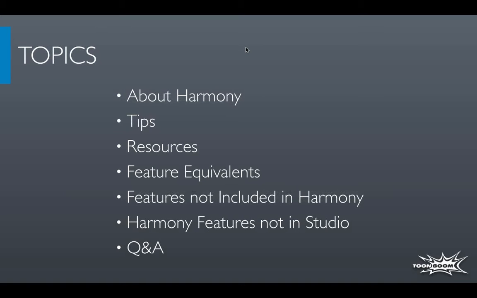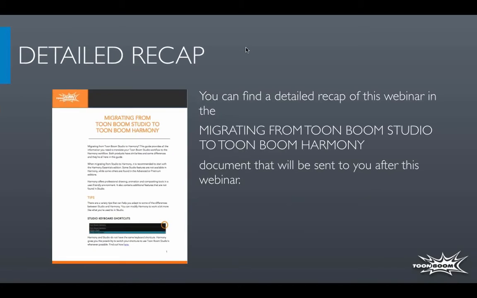And then after that, I'll mention the few features that are in Studio that at this moment are not available in Harmony, but stay posted because we always develop new features in Harmony. Then after that, I'll finish with the features that are in Harmony but are not in Studio that will be actually an addition for you when moving to Harmony.